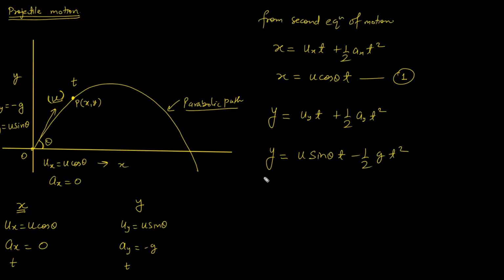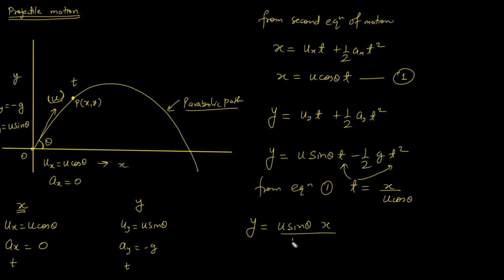Now from equation 1, I will substitute the value of time, which is nothing but x upon u cos theta. So y will be u sin theta into x upon u cos theta, minus half of g as it is, and t square as x square upon u square cos square theta.